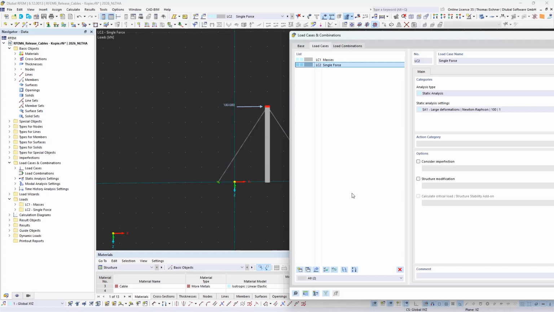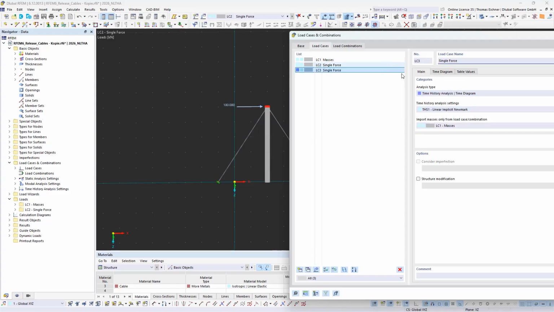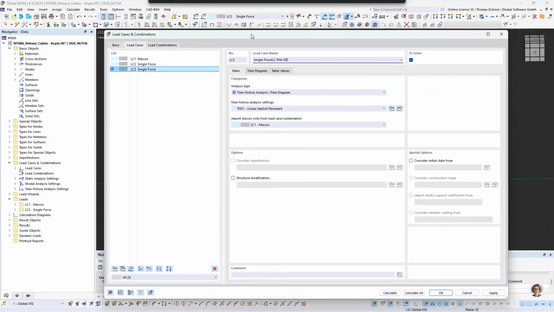So let's go first with a load case of type time history. So I'm going to copy this load case 2, so I will also have the loading within the load case. Then we will change it to a time history time diagram. Let's name that load case time history analysis time diagram. That's quite cool. And okay, so there it is.